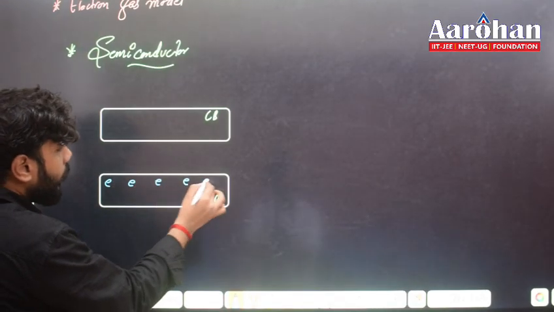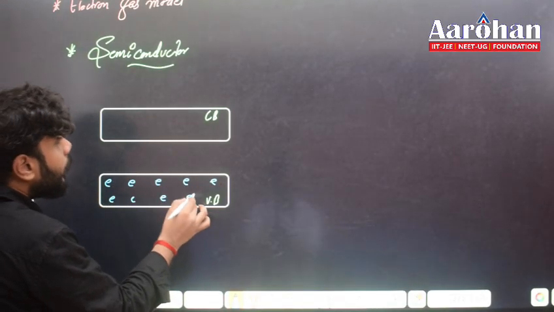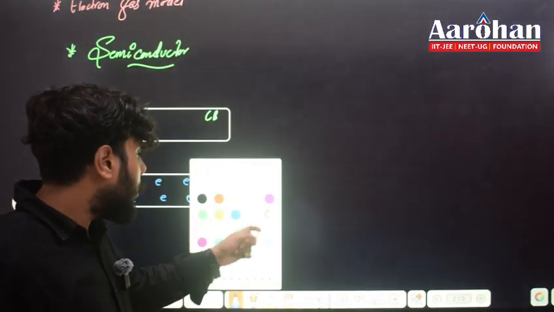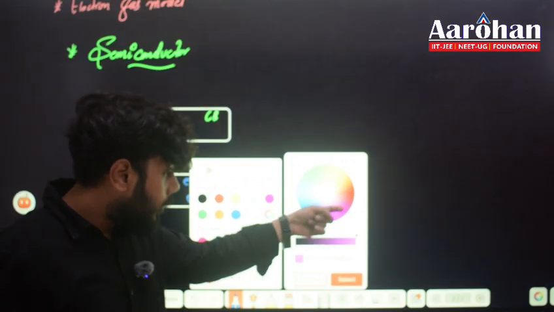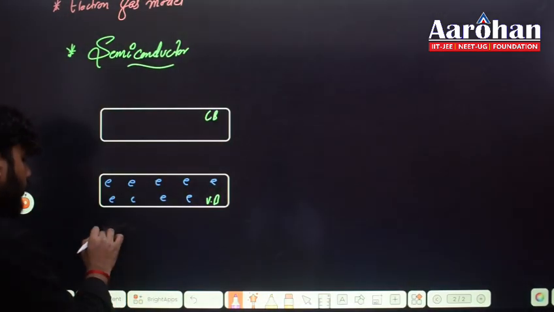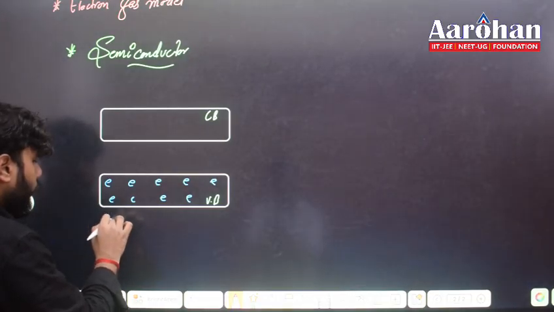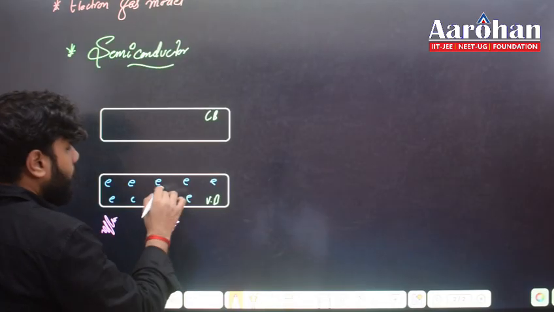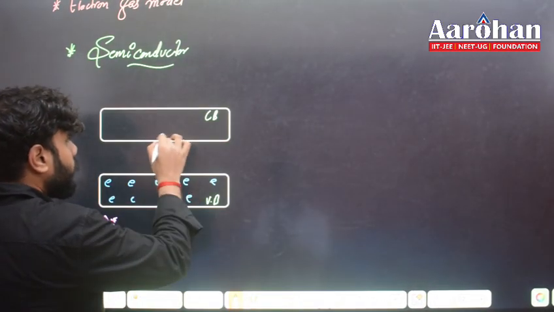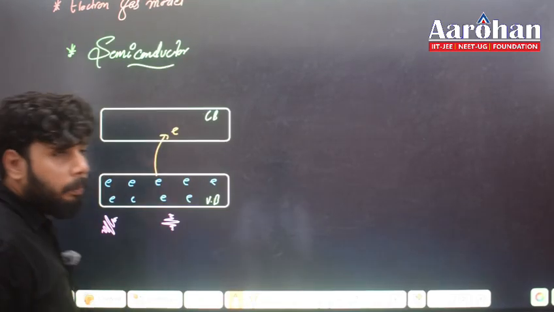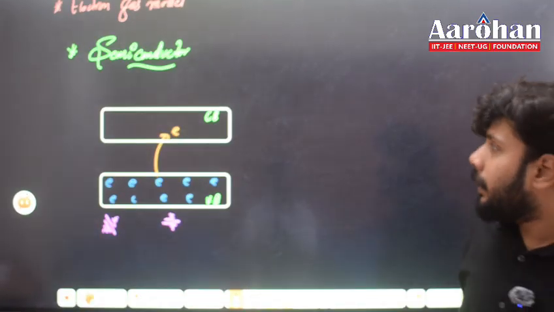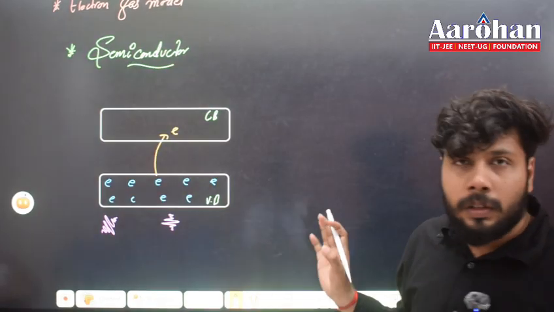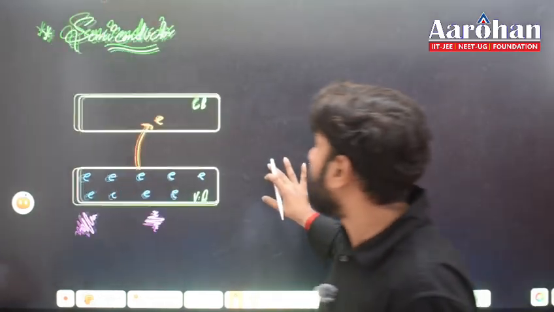If you want an electron in the conduction band, you are going to need a photon with much higher energy or much lower wavelength, so it can knock out the electron and send it to the conduction band. So compared to metal, they have a very small value of free electron density in their conduction band.